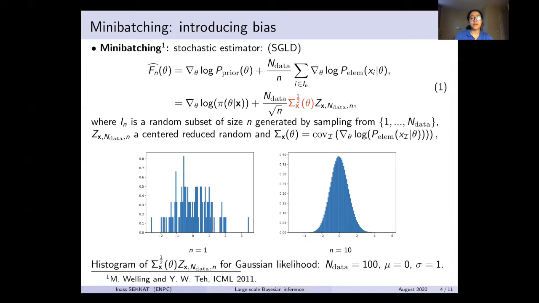If n and n data are large enough, we can say that the central limit theorem holds, and then that Z is Gaussian, as we can see in the figure here, where we plot the histogram of Z for the Gaussian case. However, if n is of order 1 and n data is moderately large, the Gaussian regime does not necessarily hold. However, for our analysis, we just need Z to be centered and with finite variance, which is generally the case.